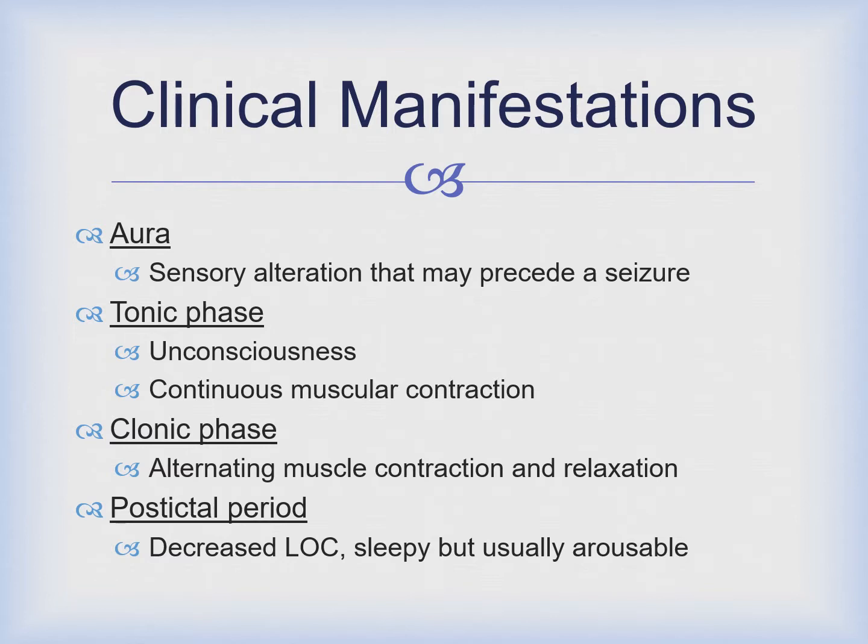The reason this is important is that the longer seizure activity happens, the longer time that you have for airway compromise and hypoxia, and the longer time that your body is under this increased metabolic demand. Your O2 and your glucose are being used up very quickly because of the muscle contraction and relaxation.